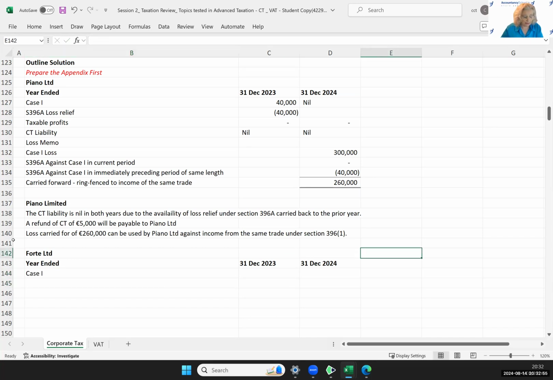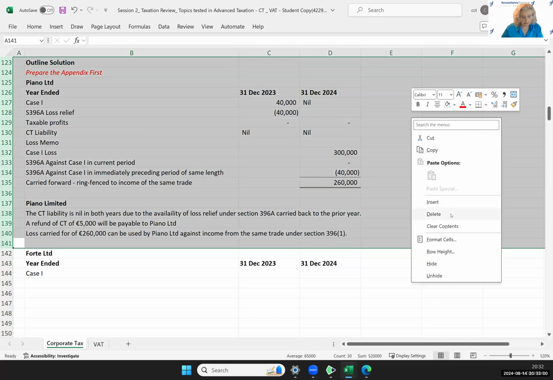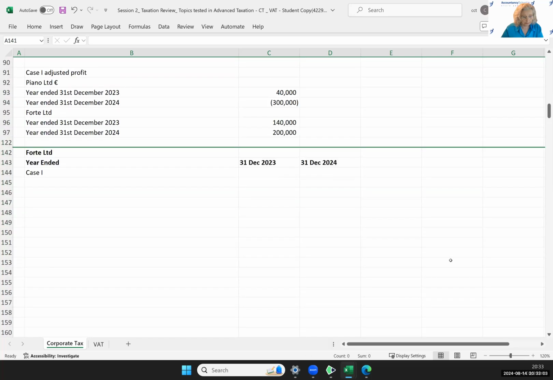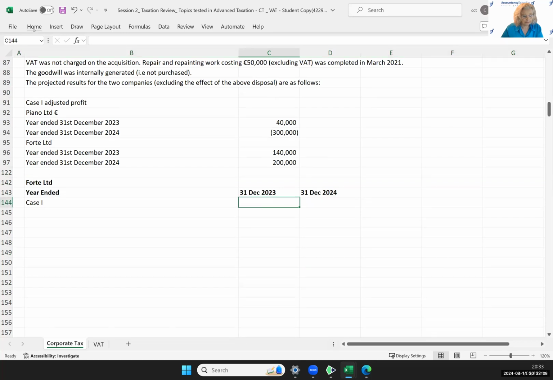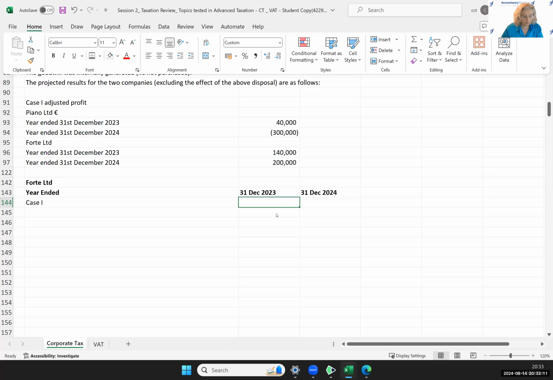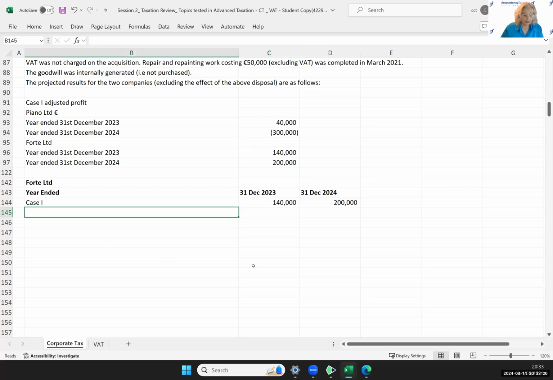And I'm going to hide the rows with Piano on it so that we can see the numbers. So here were the numbers up here. Case 1 income is 140,000 and 200,000. Forte is also selling assets in 2023, so it has a chargeable gain.